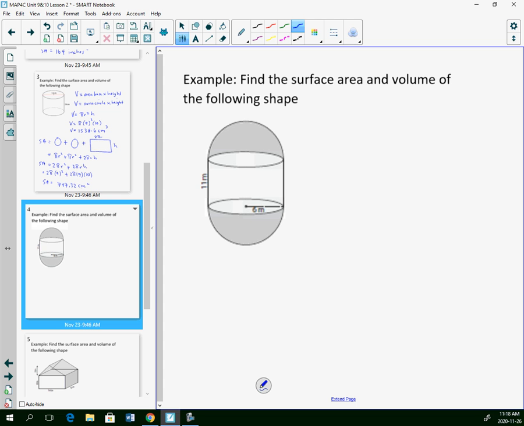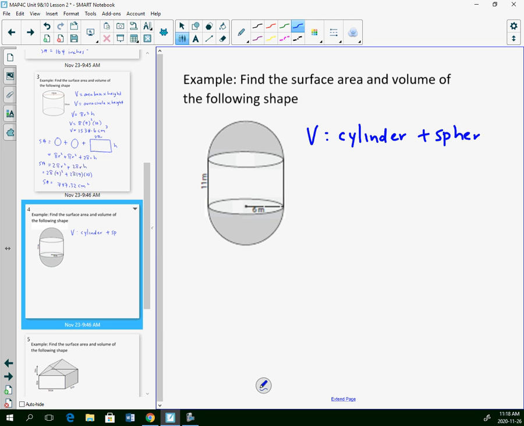Okay, this one wants to find the surface area and volume of the following shape. So let's break down the volume into its shapes. I have a cylinder in the middle, and then the top and the bottom create a sphere.